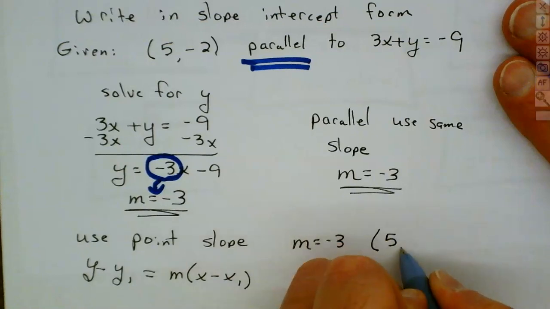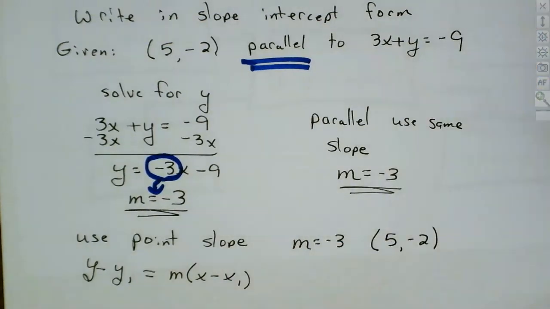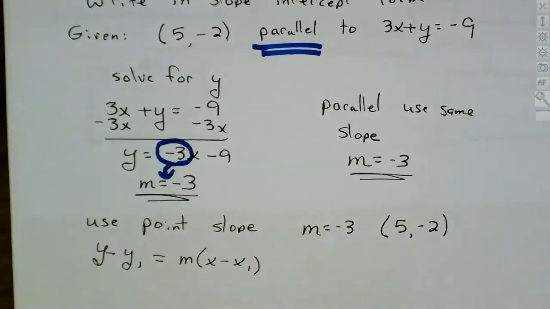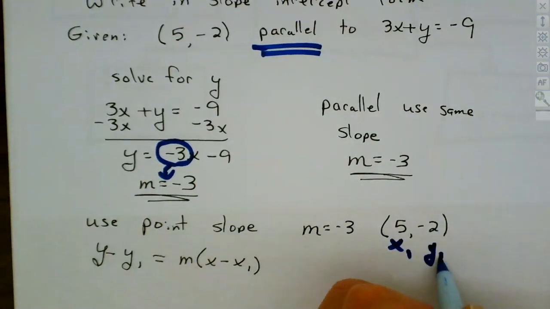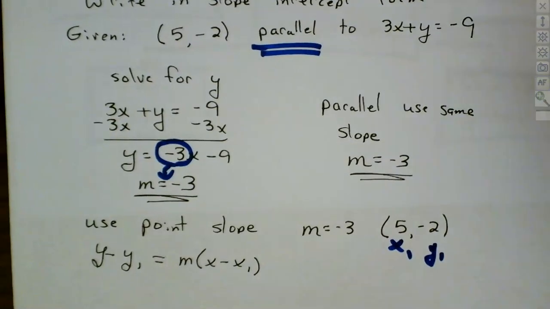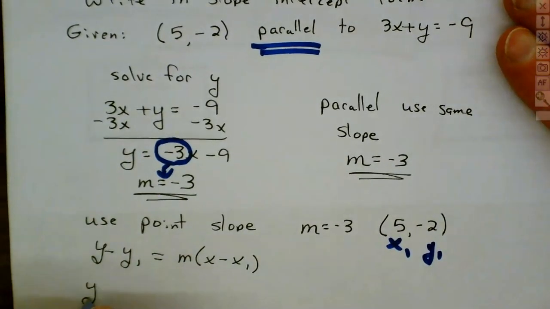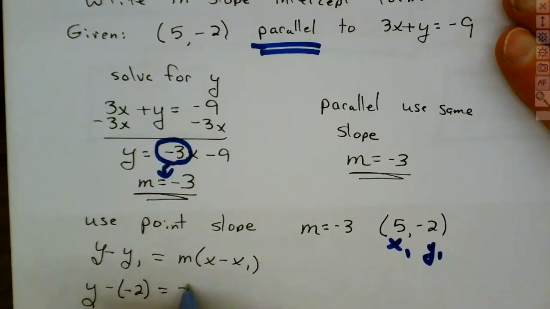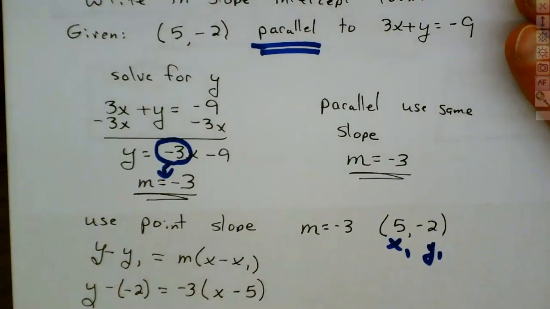And we have the point (5, -2). Fill it in, x1, y1. And that is y minus a negative 2 equals negative 3 times x minus 5.